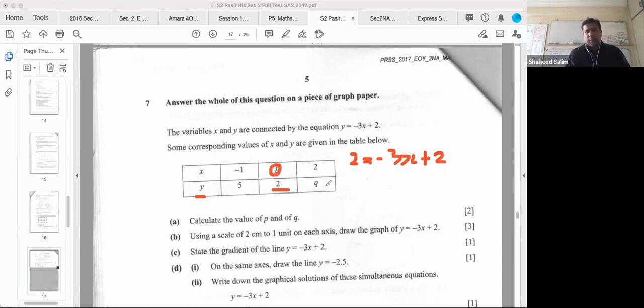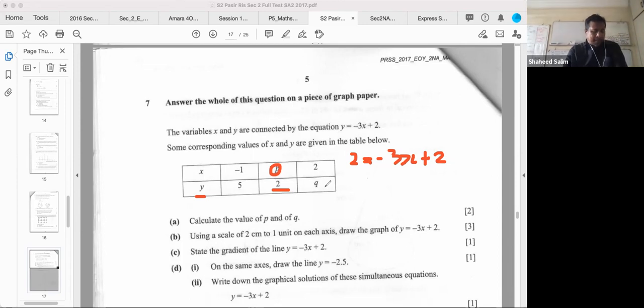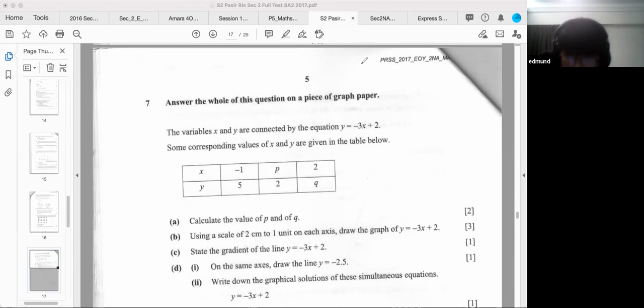So what about Q? Four. Okay, minus 4 or 4? Which one? 4. Okay, let us see.